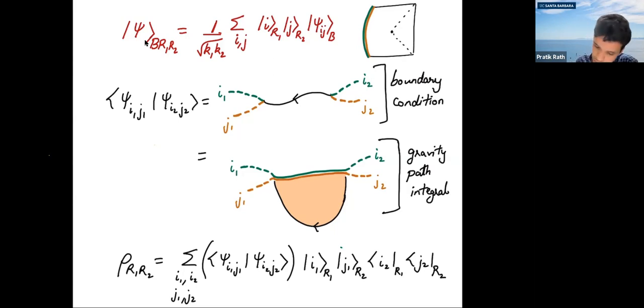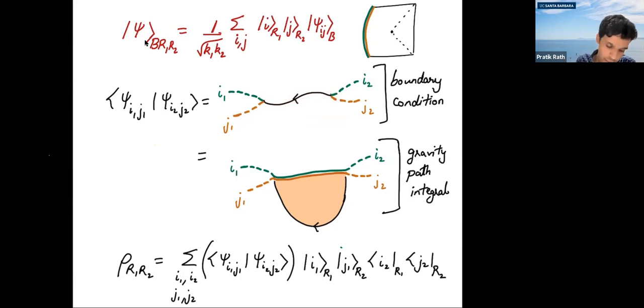So how do we do calculations in this setting? Well, we can compute overlaps between states of the black hole with different brane indices as follows. The boundary conditions for the path integral are, we have these green and orange dashed lines, which represent brane index lines, and they're coupled together by the asymptotic boundary of the black hole, which has some fixed renormalized length beta.